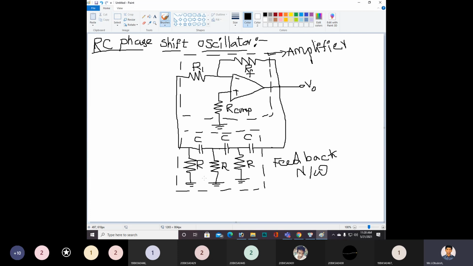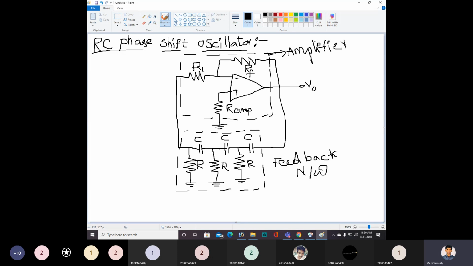The feedback network consists of 3 identical RC stages. Each RC stage provides 60 degrees phase shift.